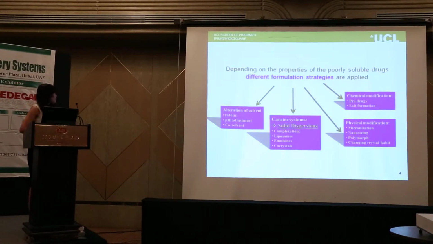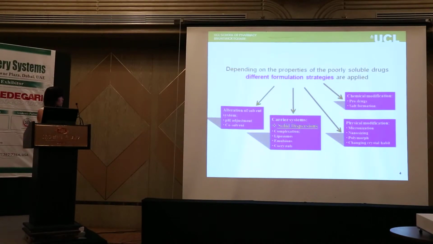When you talk about poorly water-soluble drugs, again this morning, I think it was Dr. Alex, when he gave his talk, he mentioned you can always discover new drug molecules, but normally we go through another pathway. We try to use reformulation rather than discovering new drugs.